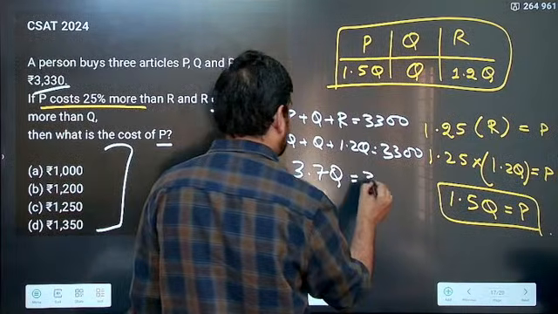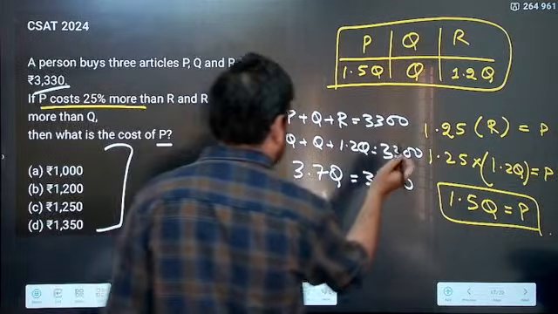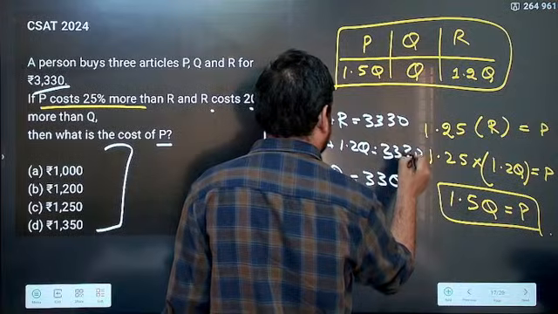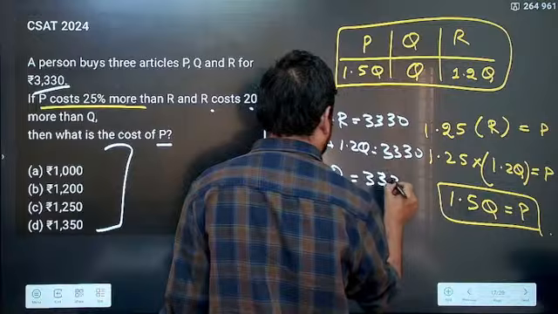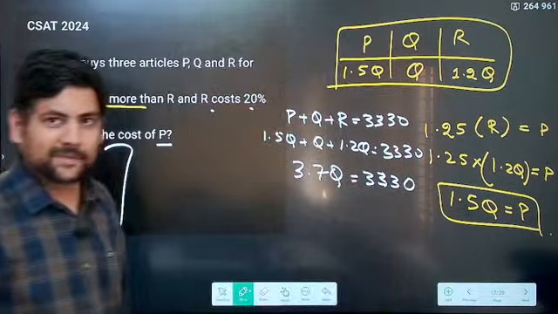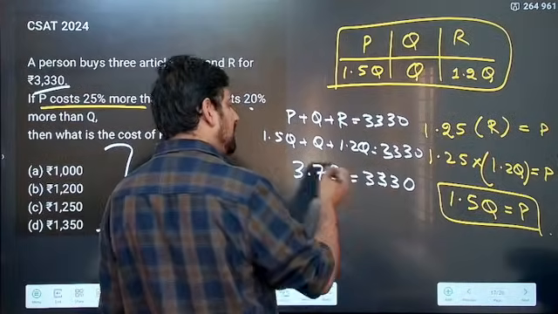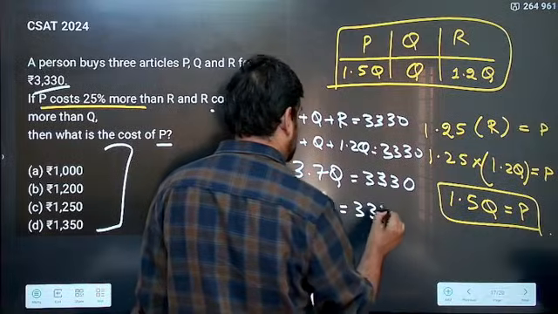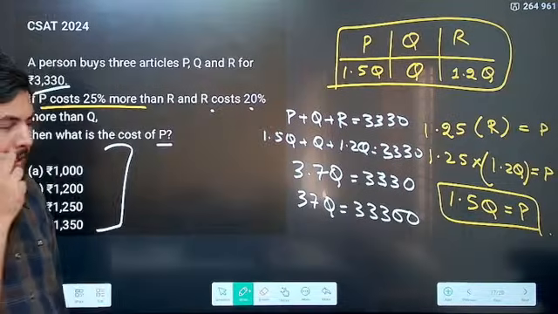So 3.7 Q is equal to 3300. Now you can just remove this decimal and add a 0 here. So this becomes 37Q is equal to 33300. Correct? Multiplying both sides by 10.